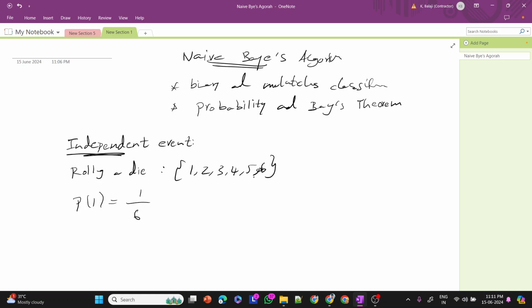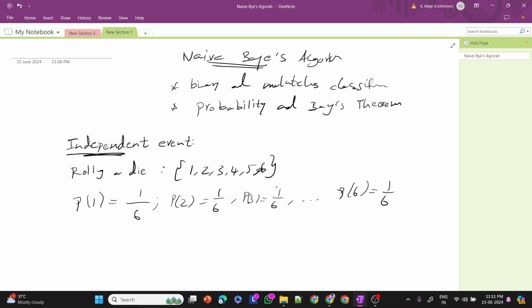The probability of 2 is 1 by 6, the probability of 3 is 1 by 6, and the probability of getting 6 is 1 by 6.